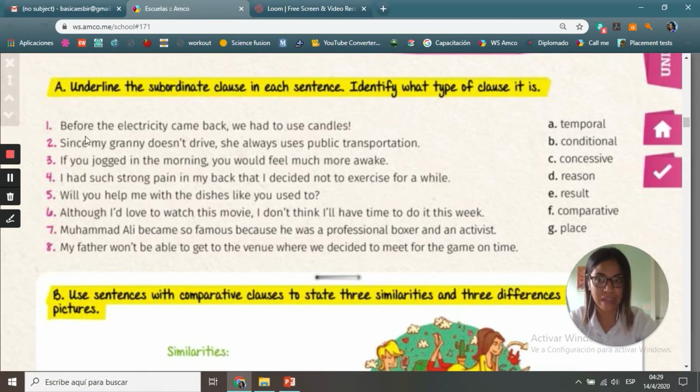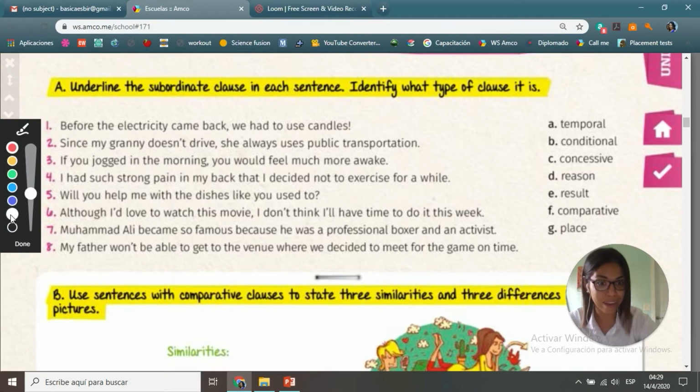Let's begin. Before the electricity came back, we had to use candles. What is the subordinate clause in this sentence? Yes, if you had your index cards, it's easier to identify our subordinate clause. So, the subordinate clause in the first sentence is before the electricity came back.